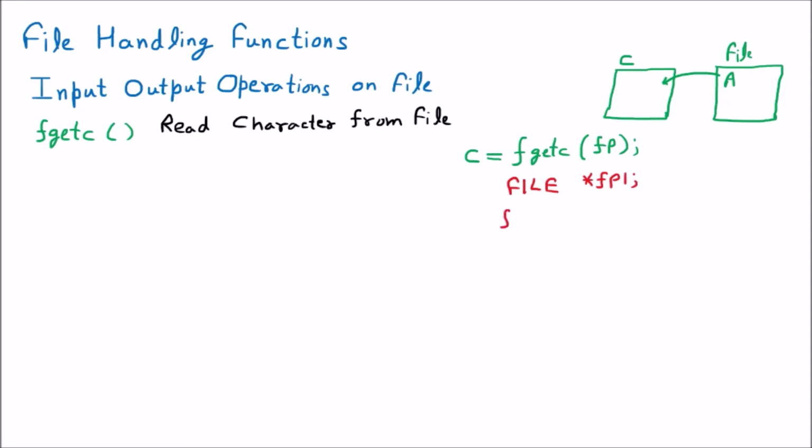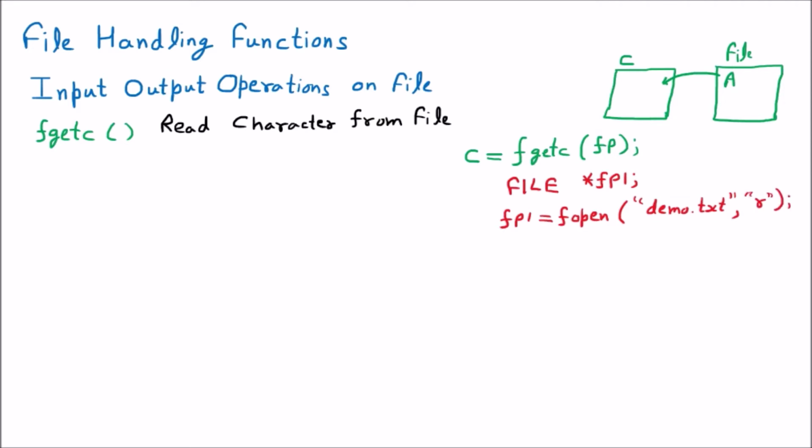Now we know how to open the file: fp1 is equal to fopen. In the bracket we give the name, let us suppose demo.txt is the name of the file, and we want to read it because it is a reading function. So we are opening it in reading mode.